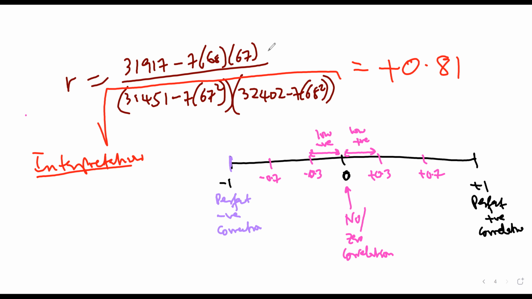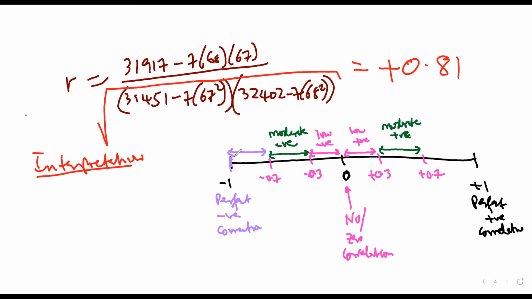If your value lies between plus 0.3 and plus 0.7, you say there is moderate positive correlation. If it is between minus 0.3 and minus 0.7, you say there is moderate negative correlation.